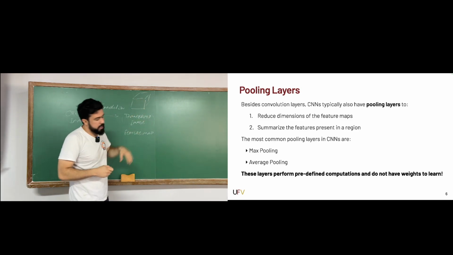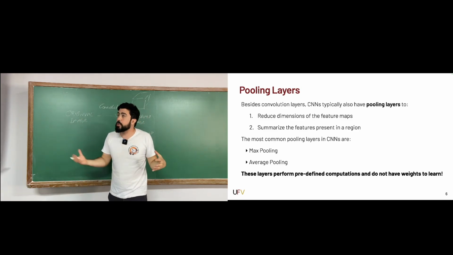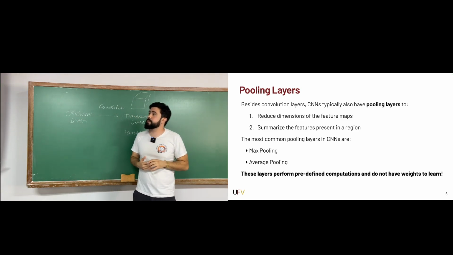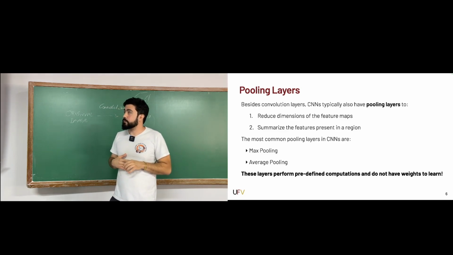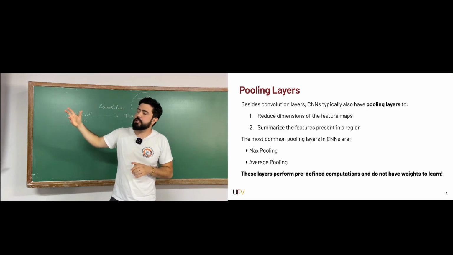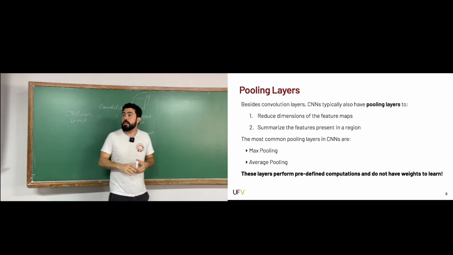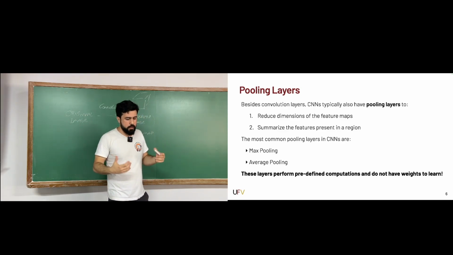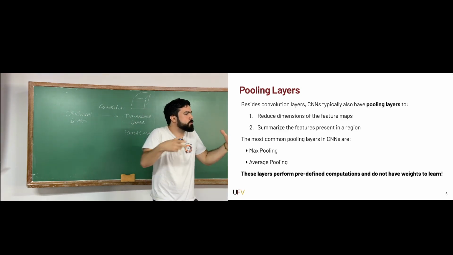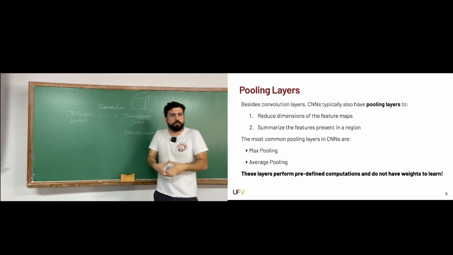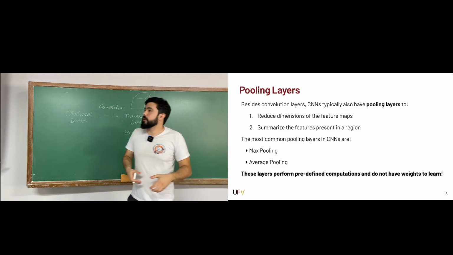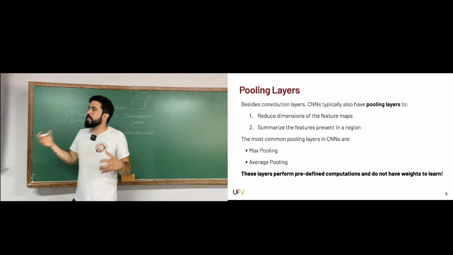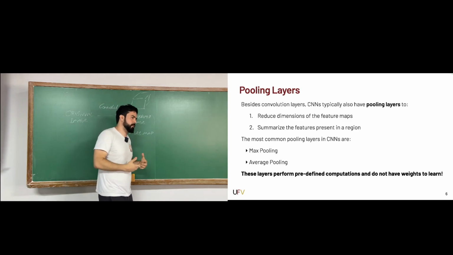Remember, we very frequently want to reduce the size of the activations. And related to that, as I think connects to your question, we want to summarize the input in a smaller structure.